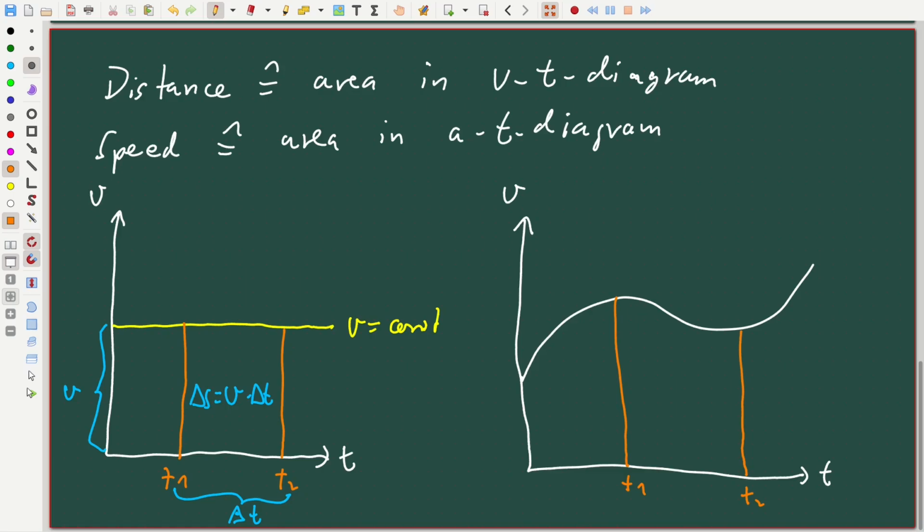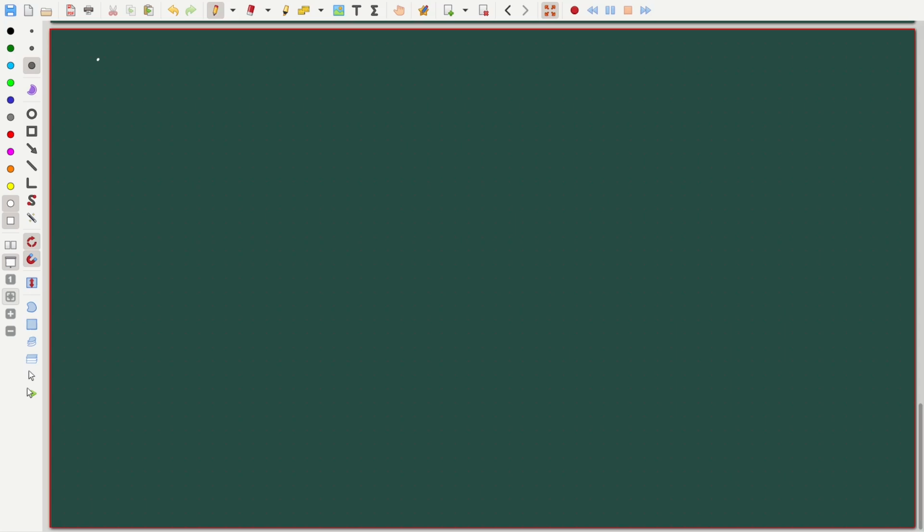So the only possibility to really calculate this area under the graph is by writing delta s equal to the integral from t1 to t2 of v dt, where v by itself is a function of time. So again, let's make an example to understand it better.